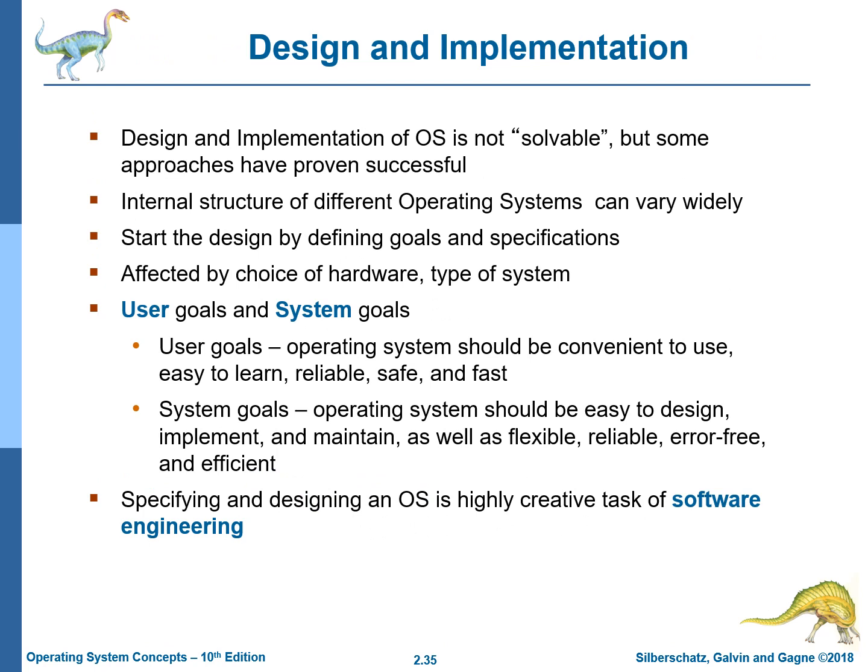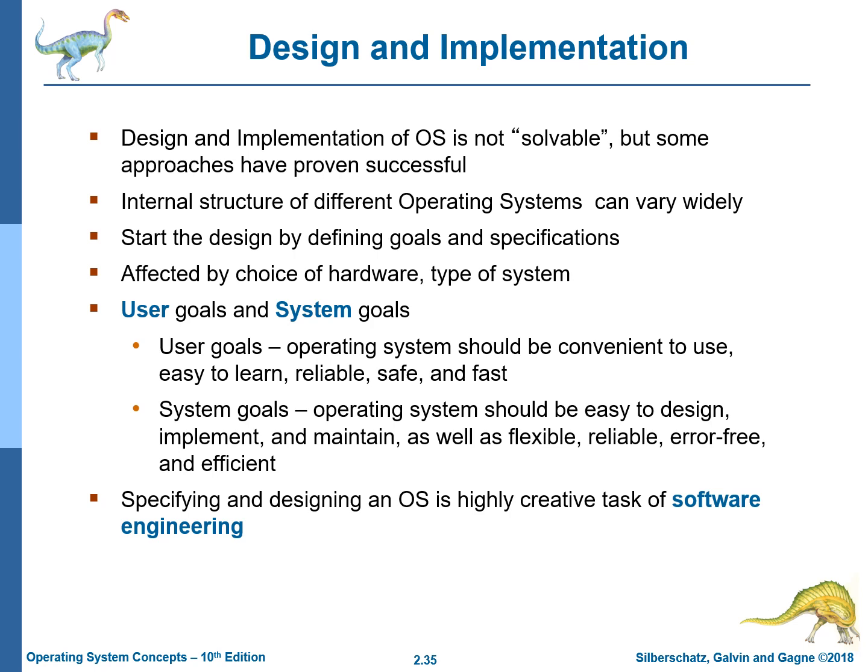The design and implementation of an operating system is not solvable, but some approaches have proven successful. The internal structure of different operating systems can vary widely. Start the design by defining goals and specifications, and it is affected by the choice of hardware and type of system. User goals and system goals.